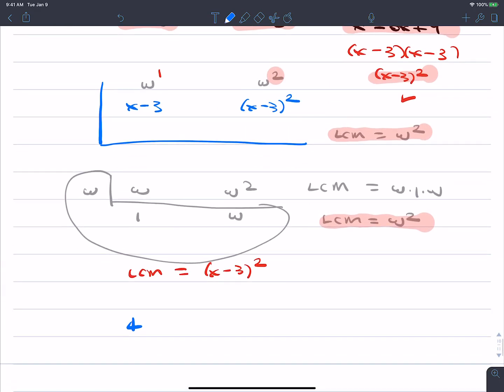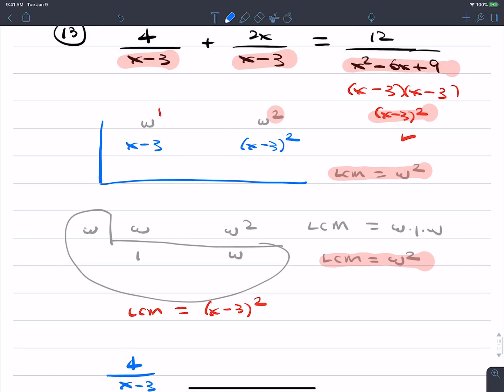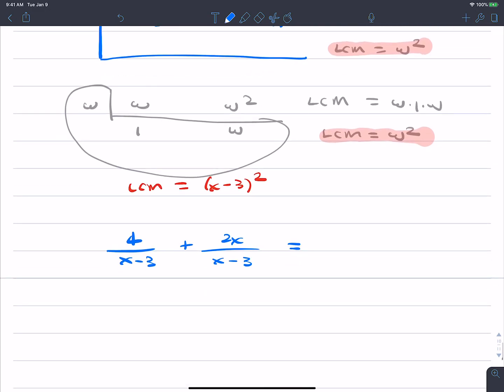Now, x minus 3 plus 2x over x minus 3, what does that equal? 12 over x minus 3 squared. I've got to multiply the left side and the right side by the LCM of x minus 3 squared.